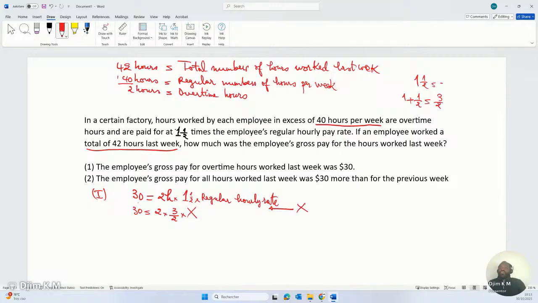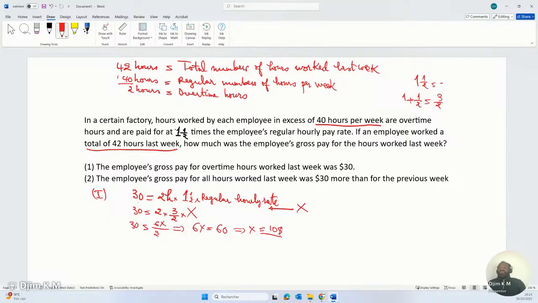So 30 equals 6 big X over 2. This will give us 6X equal to 60, and big X is equal to 10. So $10 per hour, that's the hourly rate.